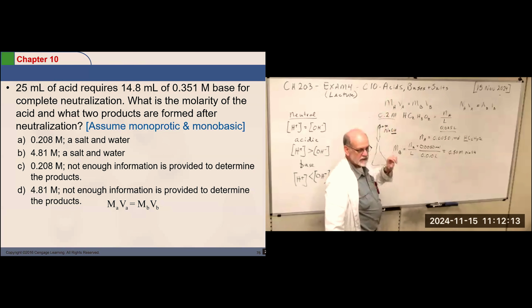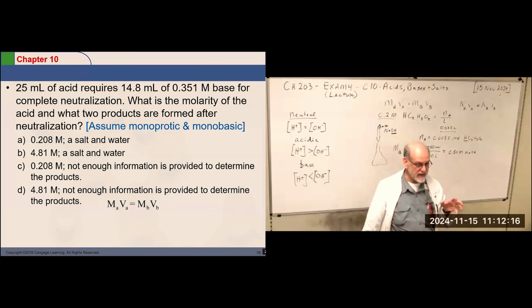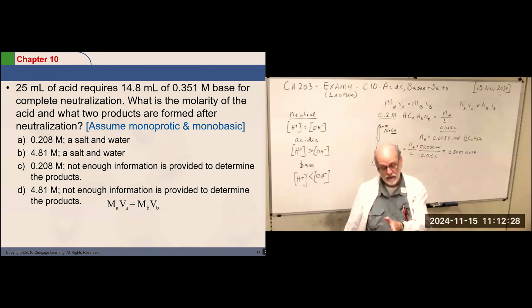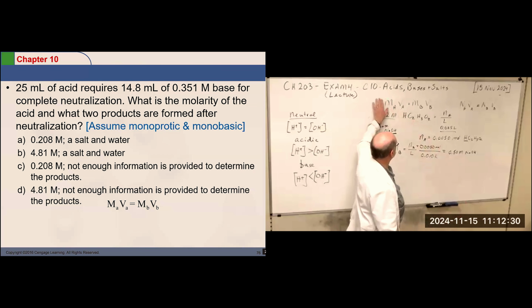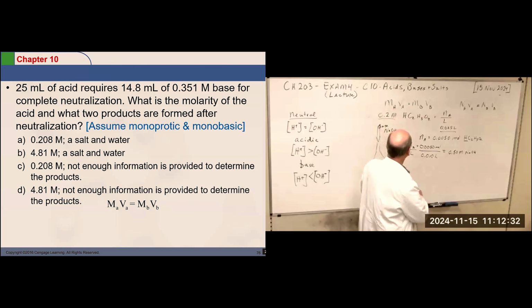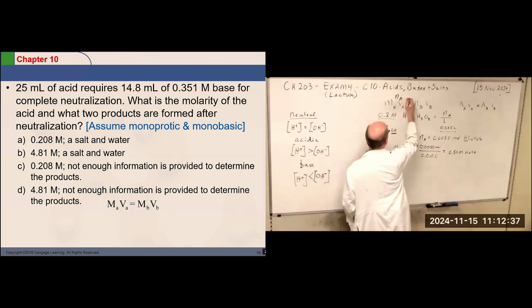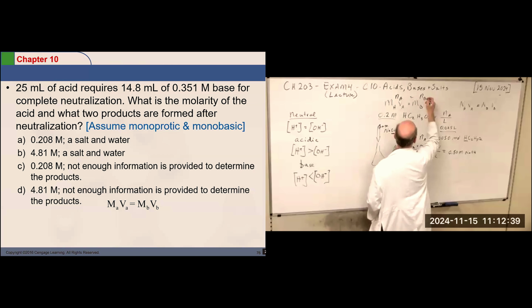This one works if the acid and the base produce the same number of ions for a reaction. So a monoprotic acid and a monobasic base together, or a diprotic and a dibasic together, then you can use this one. The reason you can use that is because moles of acid have to equal the moles of the base.